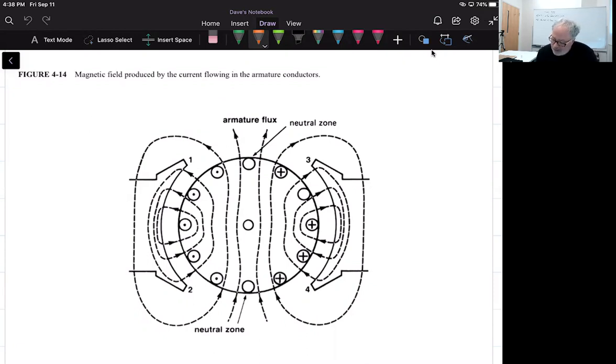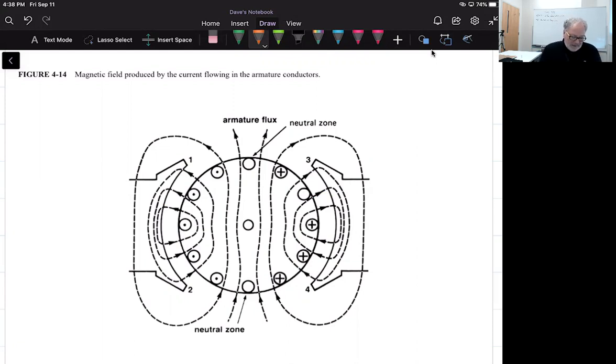First off, this magnetic flux operates at right angles to the magnetic field supplied by the generator poles. So it's not exactly opposite, but it's acting against the poles that are producing magnetic flux.